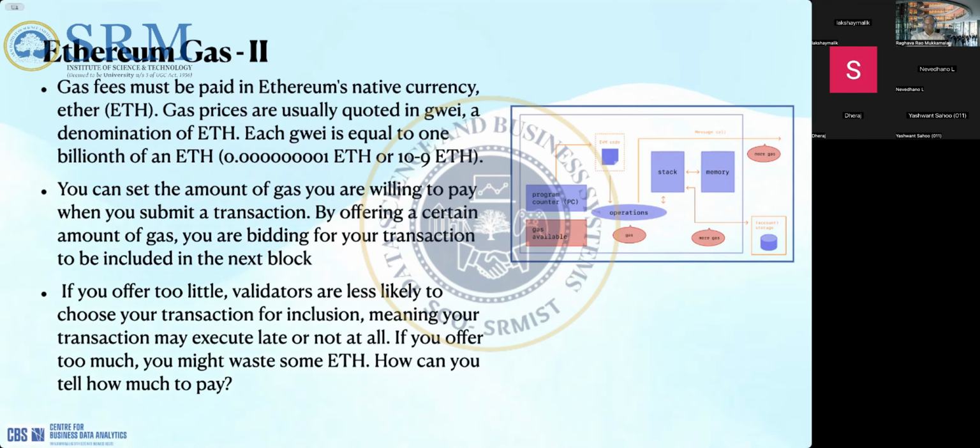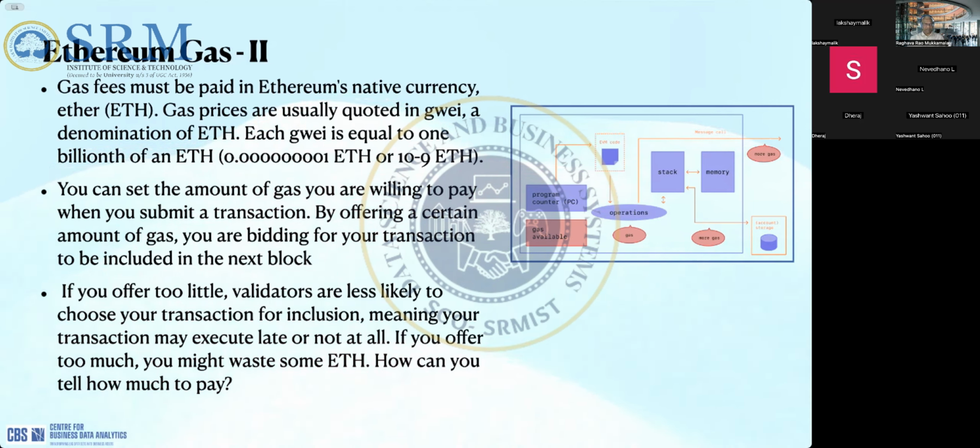One important issue we have to remember is if you offer too little, let's say you put too little transaction fee, then the chance that your transaction will not be included in the block is more. It will not be attractive to the miners, because the fee is too little, which means the amount of tip or priority fee they receive is less.